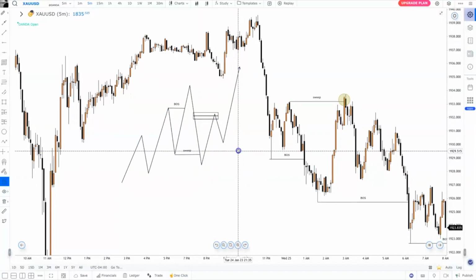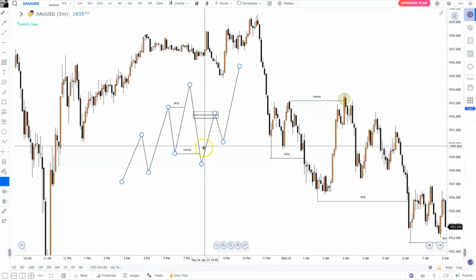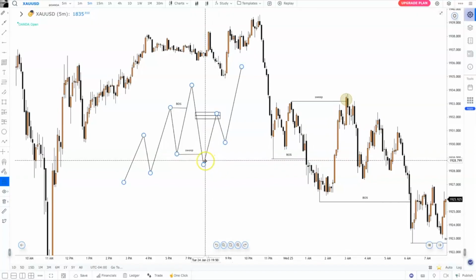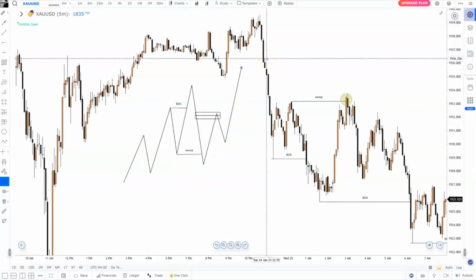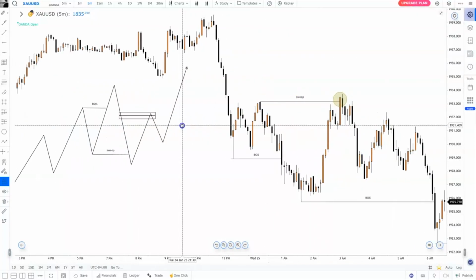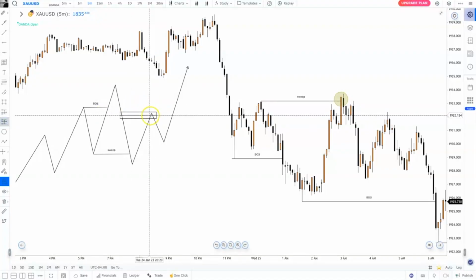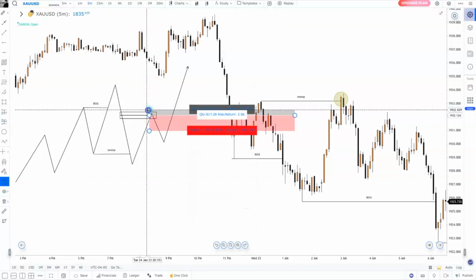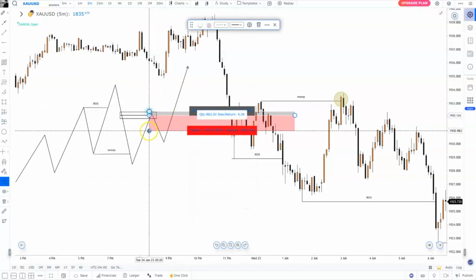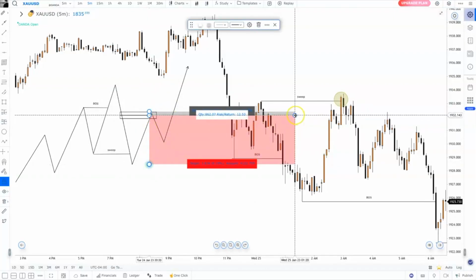Don't get me wrong, not every single time is this going to be a sweep, for you to be scared, like, oh my god, now every time I see a change of character I'm going to be scared and not make my positions. No, you shouldn't be trading scared. If you're scared overall, you shouldn't be trading. This is something that you have to manage. You have to know how to manage your emotions.